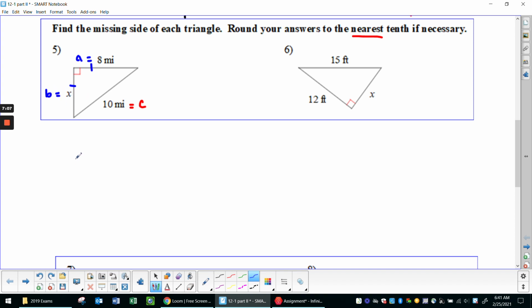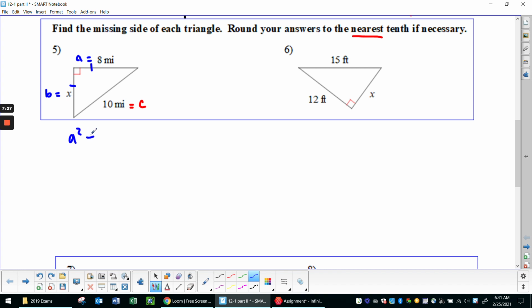Our B is X. So you have a choice here. You can use X in your equation, or you could just say that I'm missing B and solve for B.